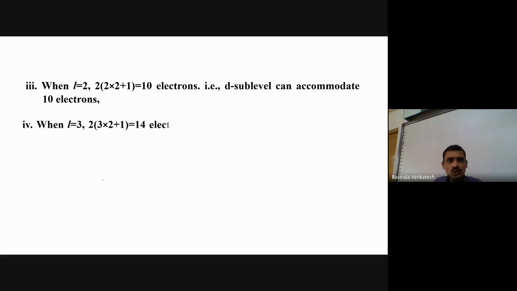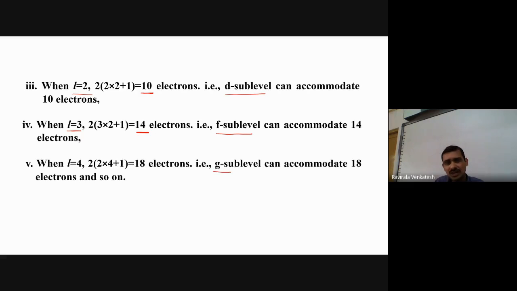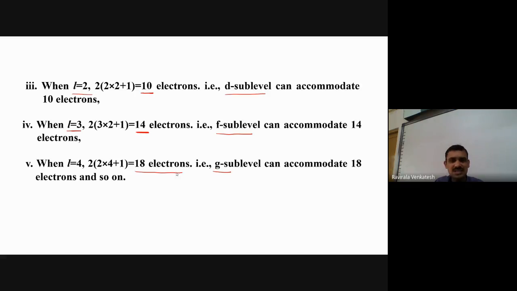If L is equal to 2, d orbital, the number of electrons we get after substituting in the formula is 10. Next, if L is equal to 3, f orbital, we get 14 electrons. L is equal to 4, g orbital, will have 18 electrons. In this way we will get all these things. So you just need to remember the formula.